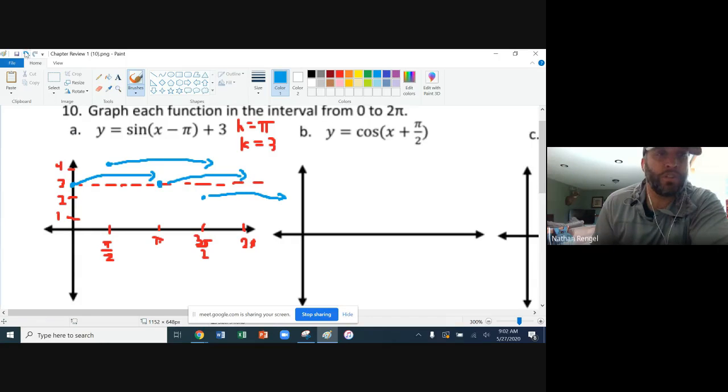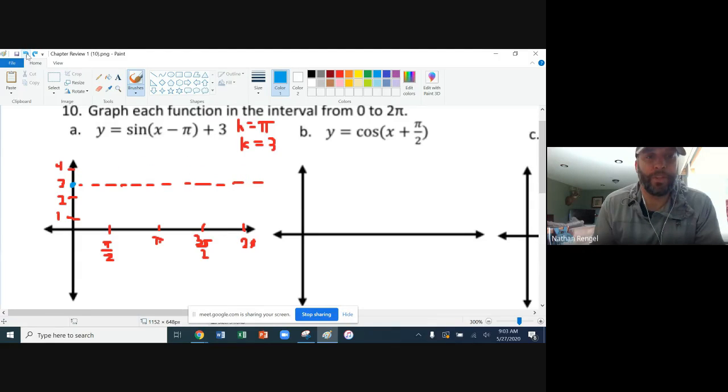So we have to start thinking about, we usually start right here. Now this point gets shifted over to the right. So we are going to start at pi and start to graph our sine function. So let's take a look at that. So our first position, pi. Then at that next position, it's going to go up to its highest point and then back down to 0.